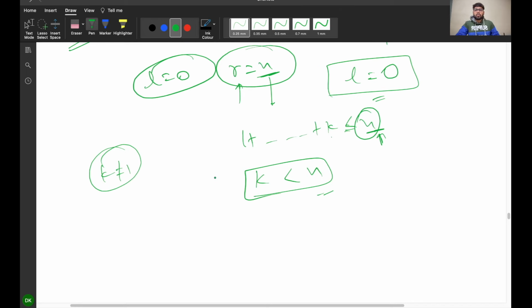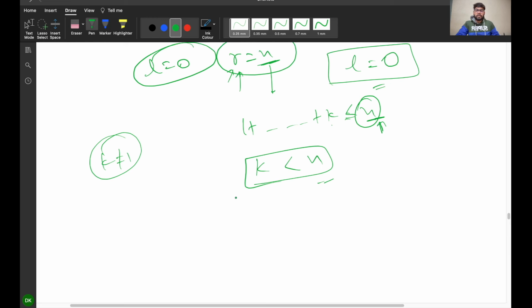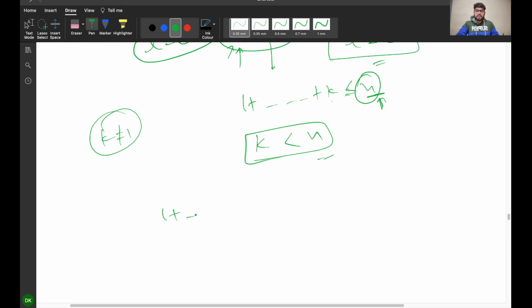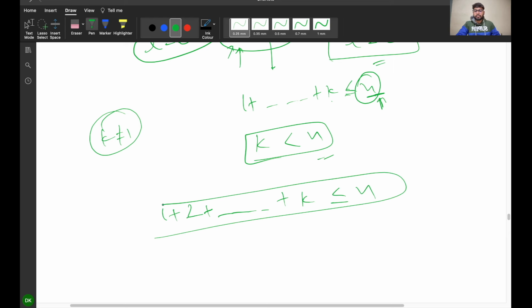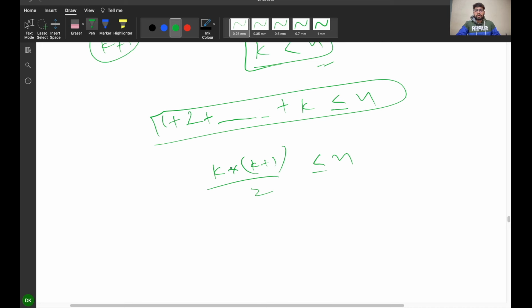So how can we determine the value of R? We can simply see that 1 plus 2 plus ... plus k, if it is less than or equal to n, then k into k plus 1 divided by 2 is less than or equal to n. Let's suppose k is a very large number, so k is equivalent to k plus 1.